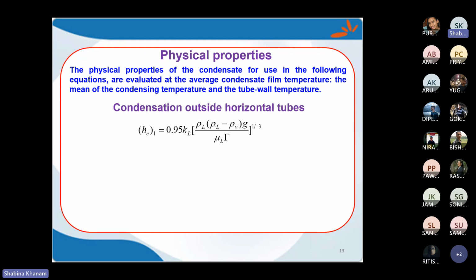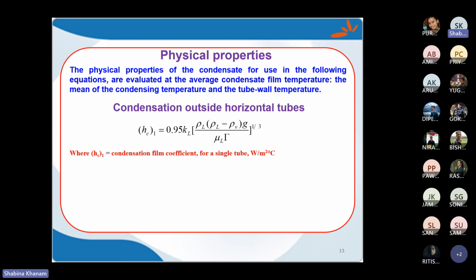And how we will consider that for condensation in shell side? In the shell side, we have a complete bundle of tubes, and in the space between the tubes, the condensation proceeds. So this expression is valid only for one tube. This HC1 is the condensation film coefficient for a single tube.